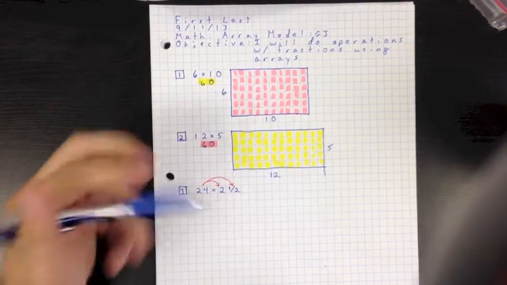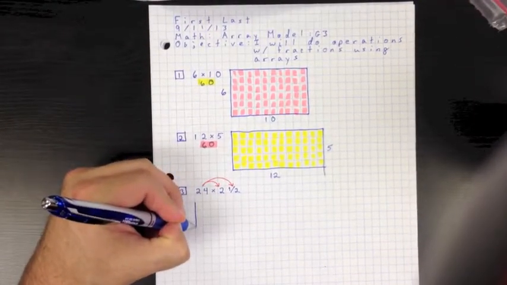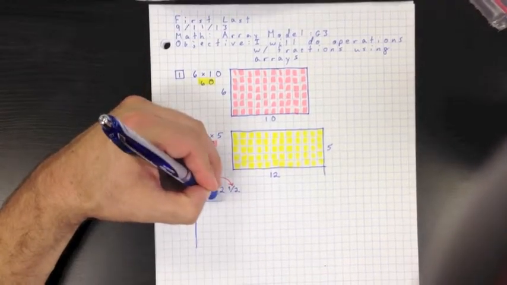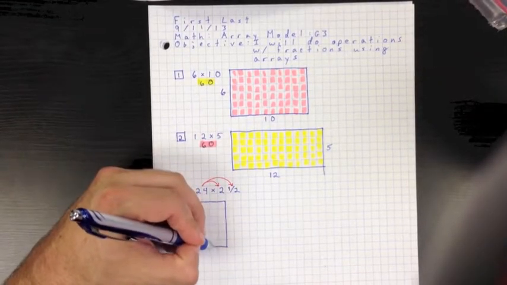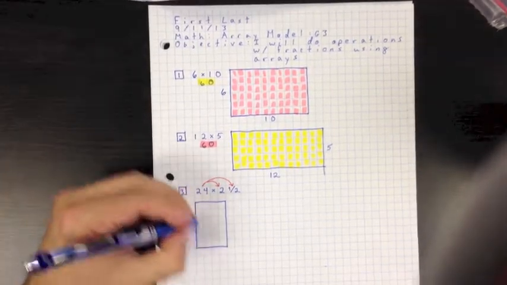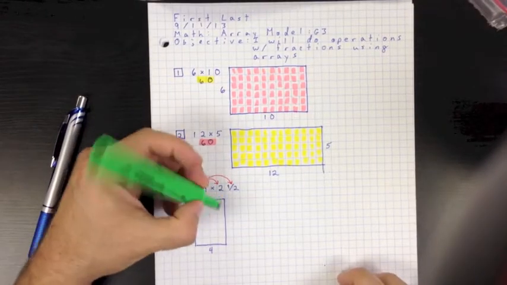That's exactly what I'm going to do. I'm going to start right here underneath it. I'm going to go 1, 2, 3, 4, 5, 6 down, and 1, 2, 3, 4 across. Okay. Now I've got a 6 by 4. That's 24.